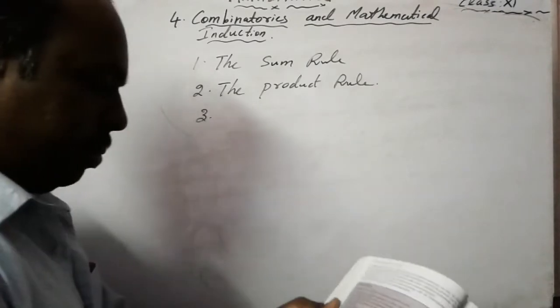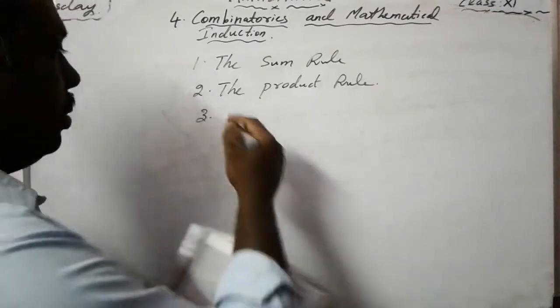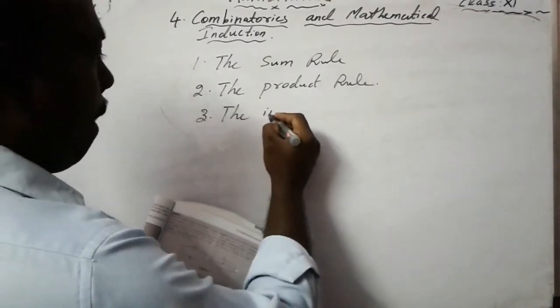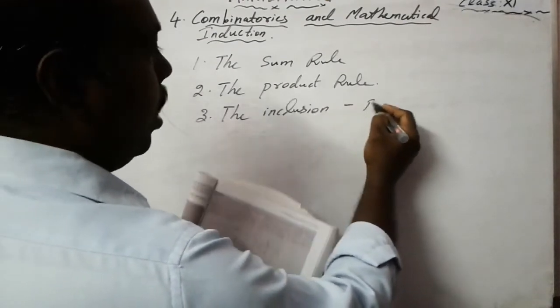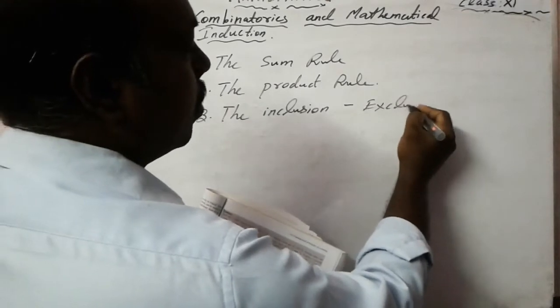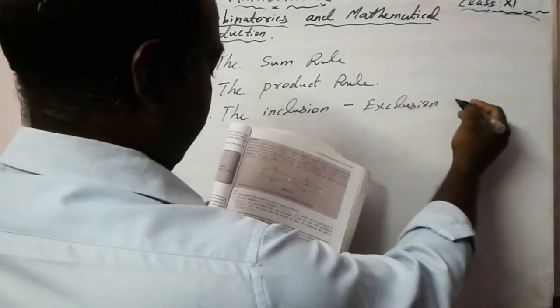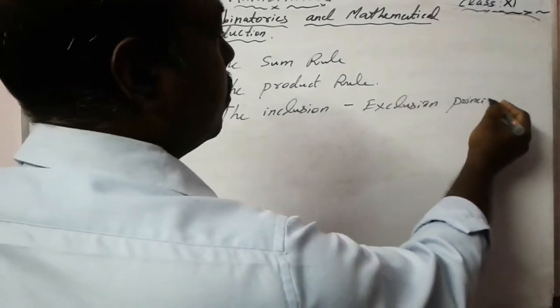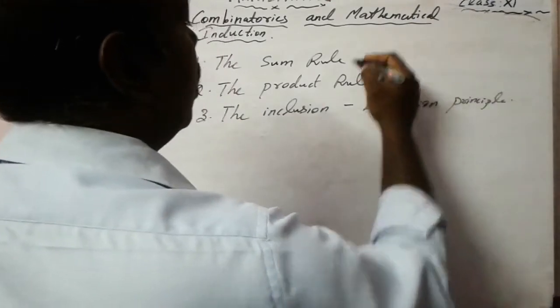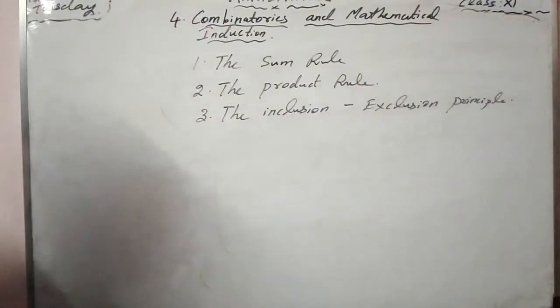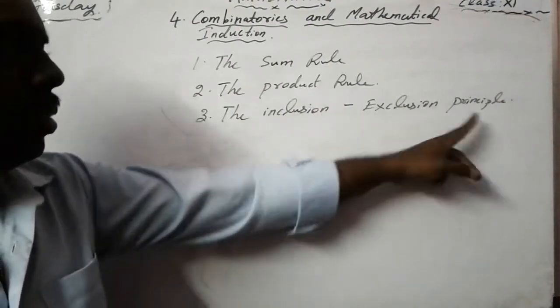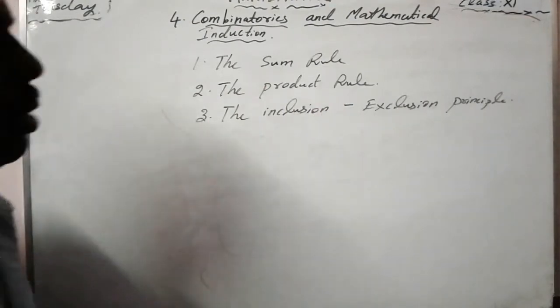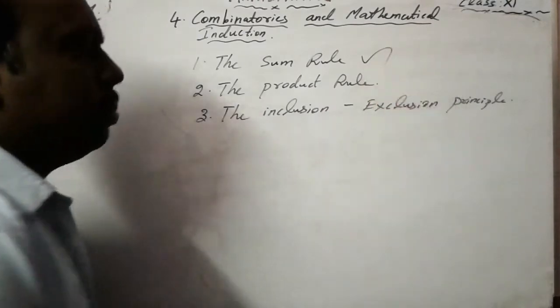Third one, inclusion and exclusion. So there are three fundamental rules: sum rule, product rule, and inclusion and exclusion principle. First we are going to see the sum rule.